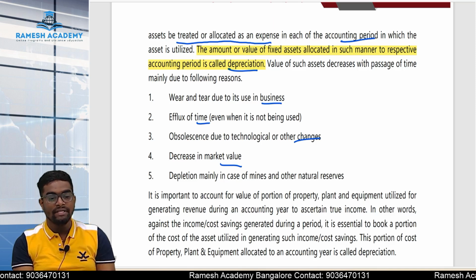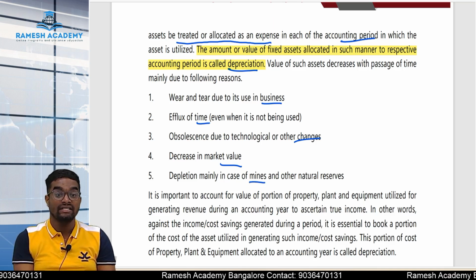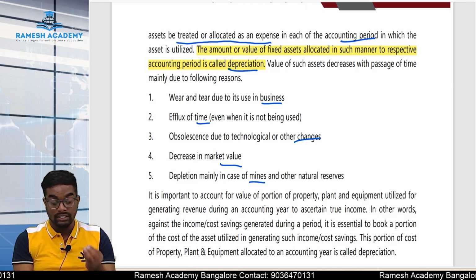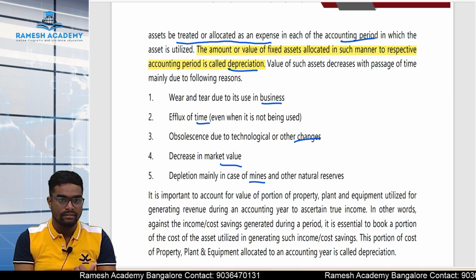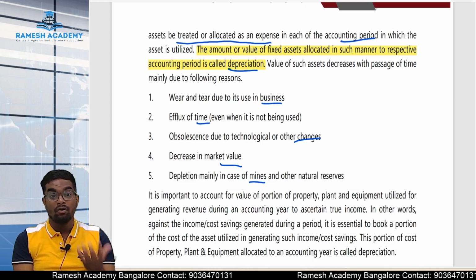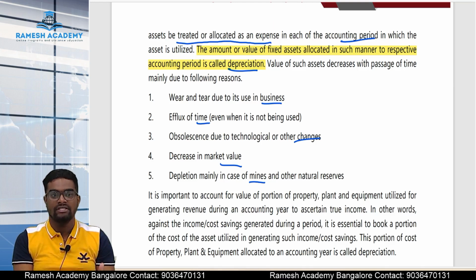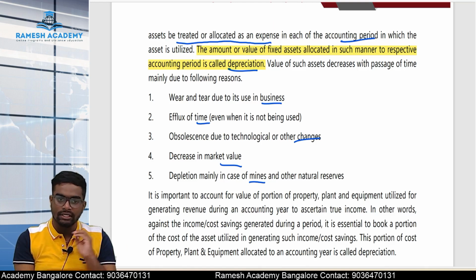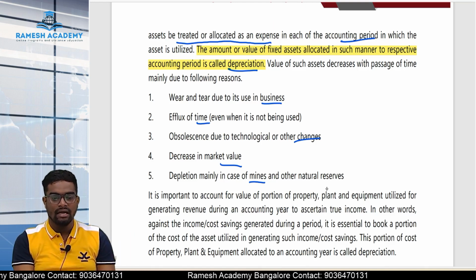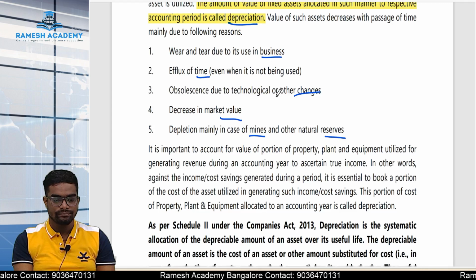Depletion, mainly in case of mines. When you take out the gold, obviously it will deplete, because you will not get it again and again, unlike air and water, which are refueled in nature. The same way, minerals are not refueled. Once you take it out, it is done. It will deplete, and so will other natural resources.